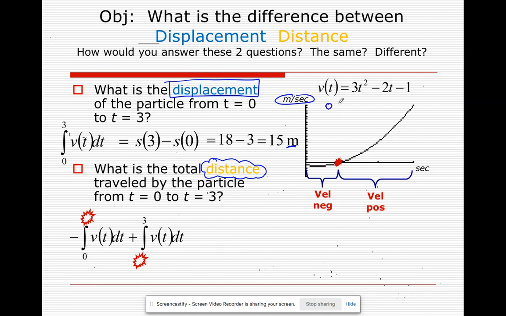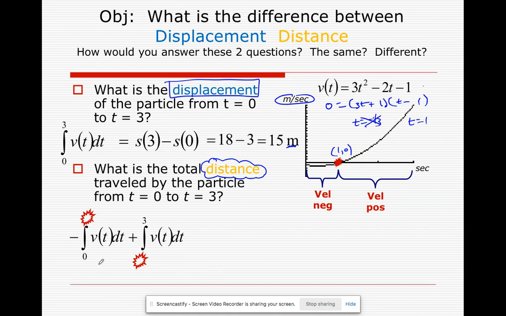How do I find where it is? Hello, you took algebra 1 and you paid attention. You don't need the quadratic formula. You can do this very quickly. At time equals 1, the velocity is 0, which is when you turned around.